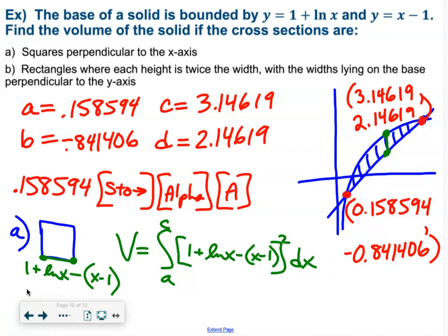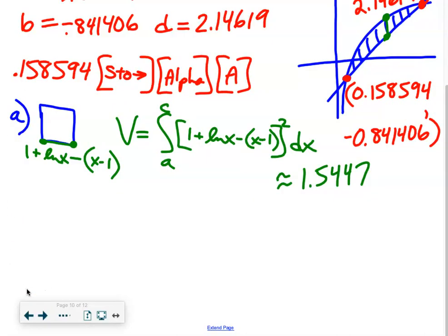So you just hit alpha A, comma, alpha C, or however you put in your limits. Something around 1.544, 1.545. So yeah.